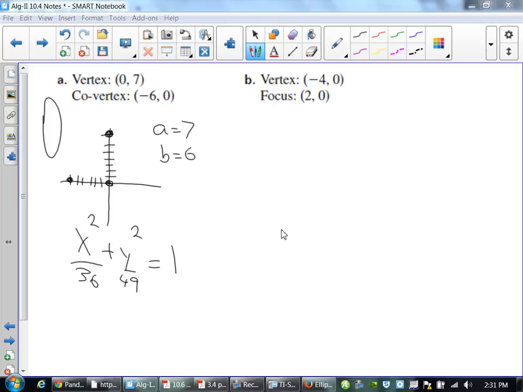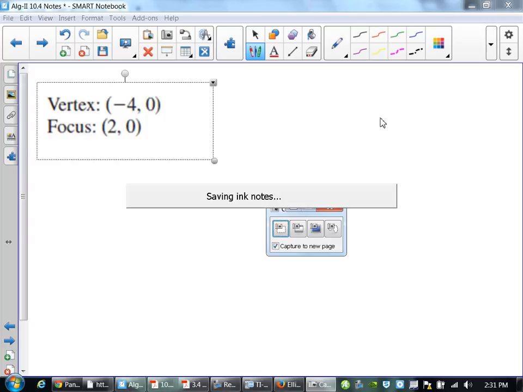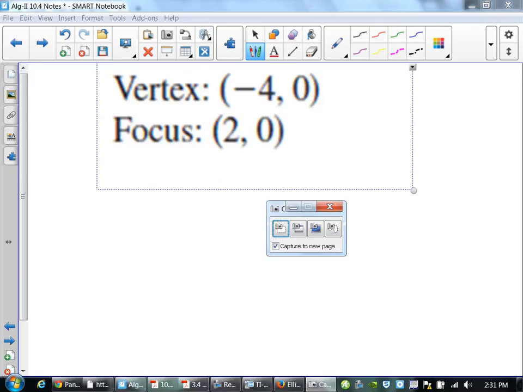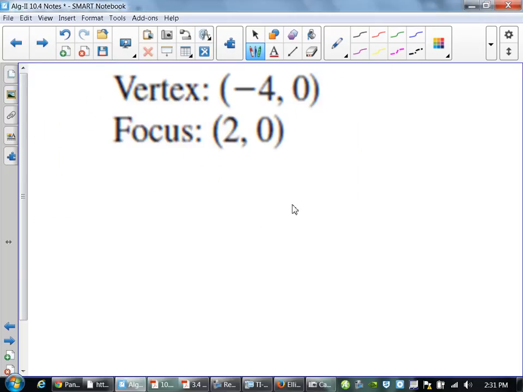It's funny you ask. In this case here, you are given a vertex at -4 and 0, and a focus at 2 and 0.